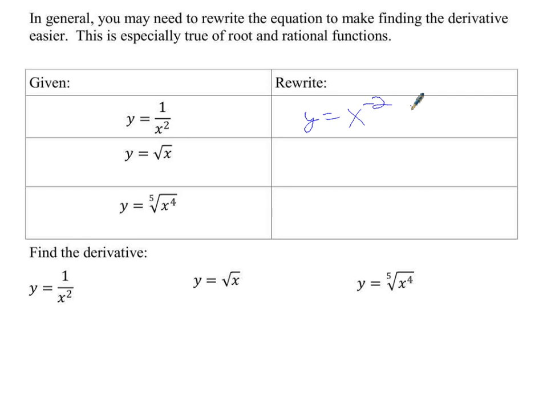If I give you y equals the square root of x, you'll want to rewrite that as y equals x to the 1/2. And if I give you y equals the fifth root of x to the fourth, you would want to rewrite that as x to the 4/5. That's right. Okay? See if you can take those three derivatives now.